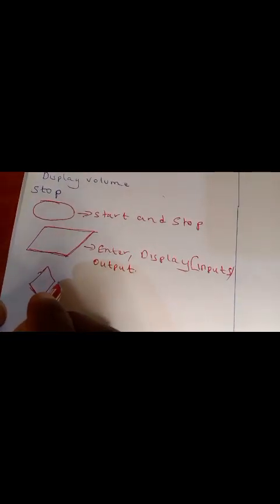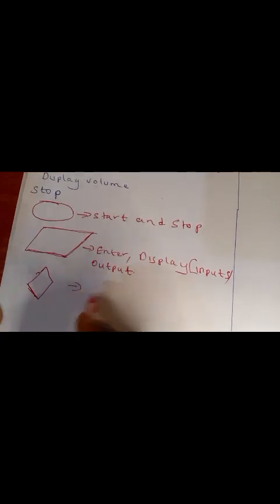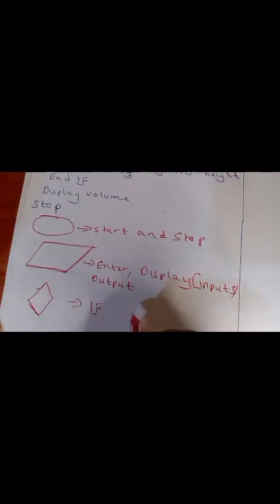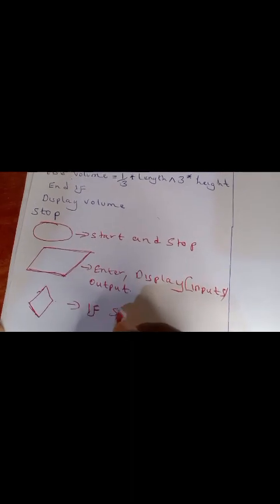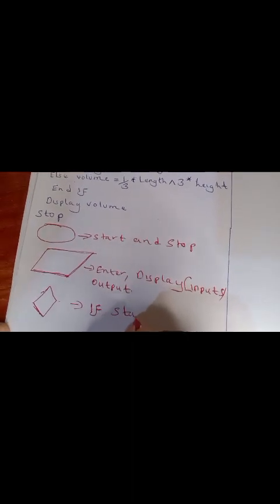Another shape you will use is a diamond shape. The diamond shape is used when you see an if statement, like in our pseudocode here. We use a diamond shape in if statements.